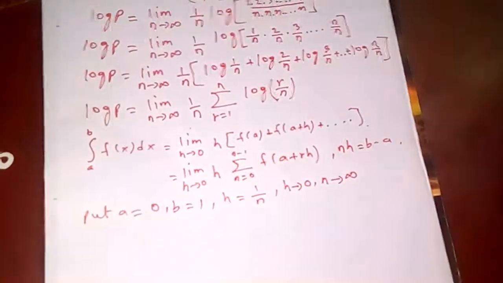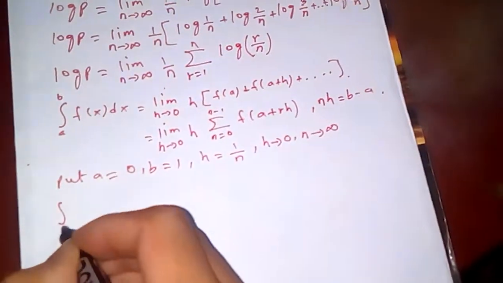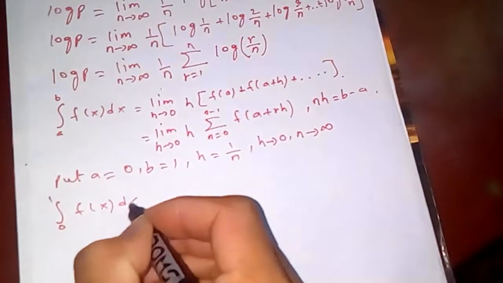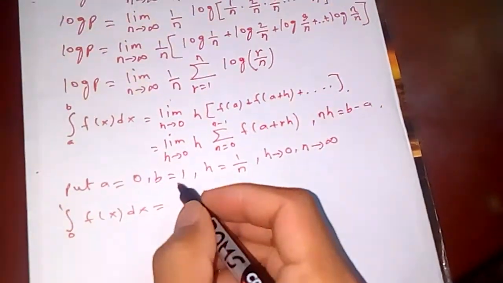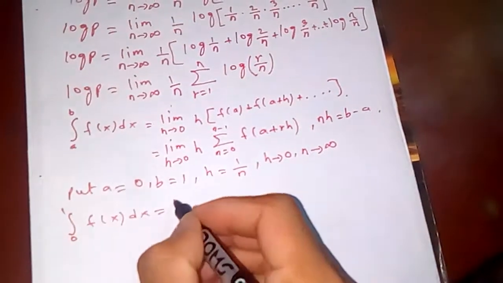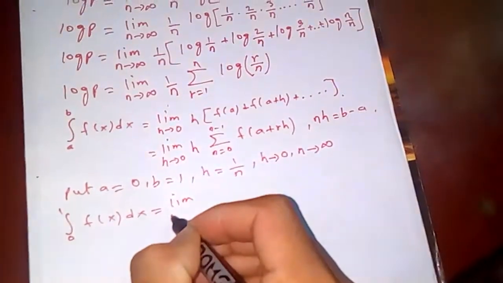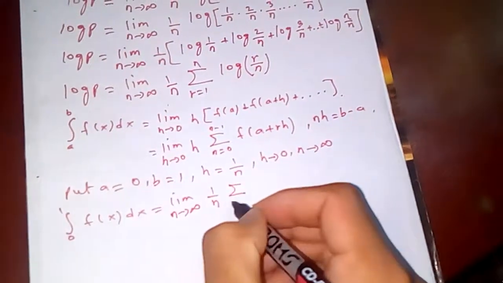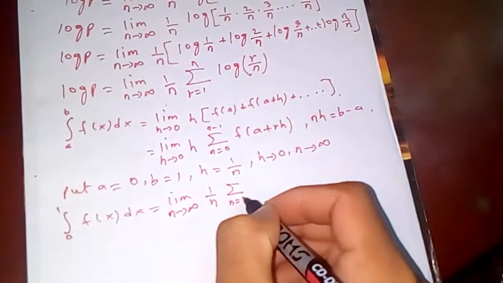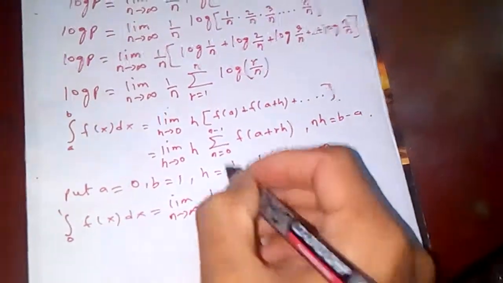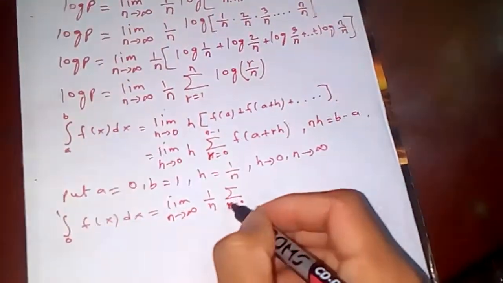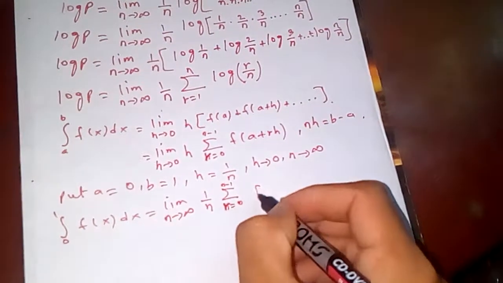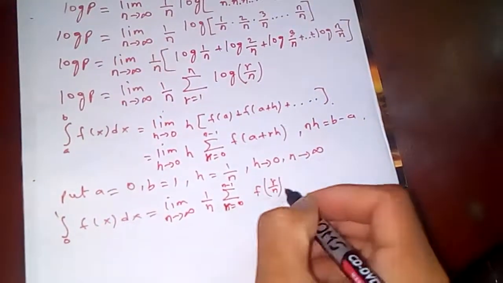So replace everything by this one, integral 0 to 1 f of x dx, which is now limit n tends to infinity 1 over n, sum from r equal to 0 to n minus 1, f of r by n.